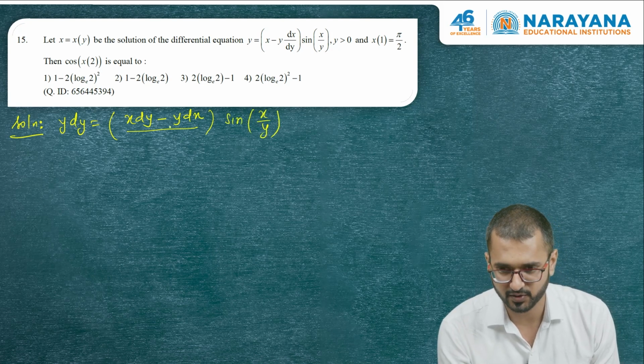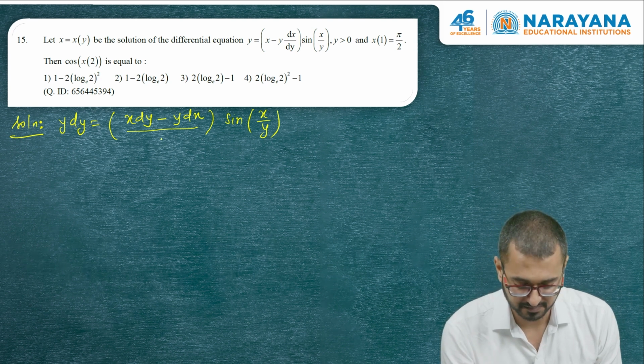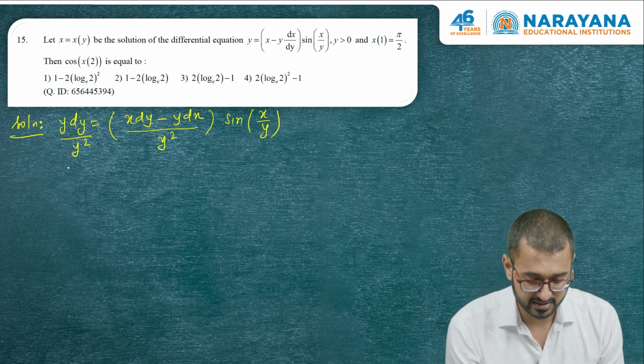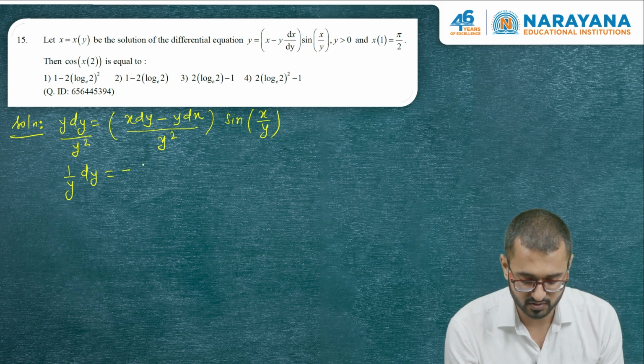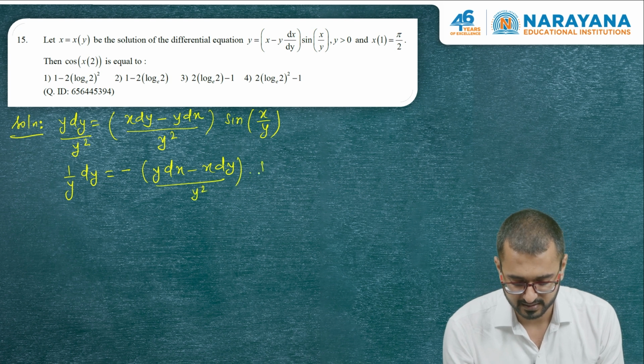Now this should remind you of something. This is x dy minus y dx, so I'll simply divide it by y square on both sides. So if I divide it by y square on both sides, I have just 1 over y dy equal to this one, I'll take minus common, so I get y dx minus x dy over y square, and then sine of x over y.